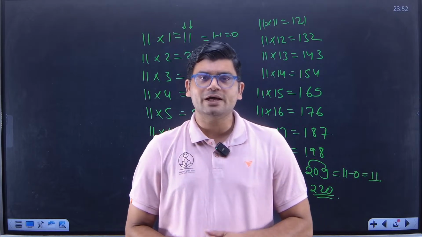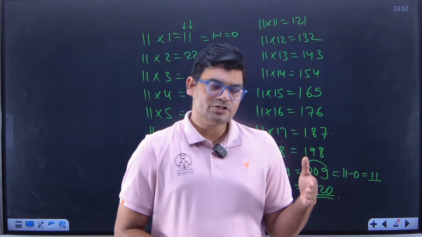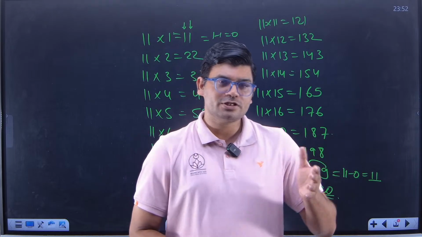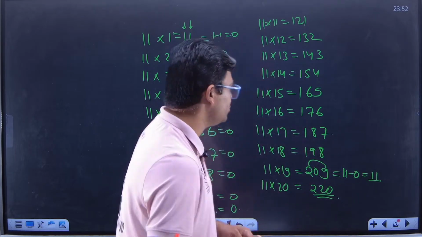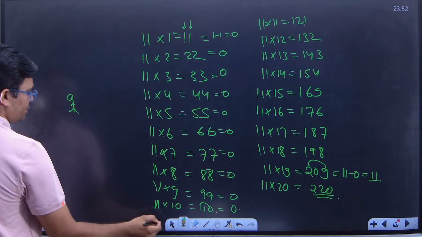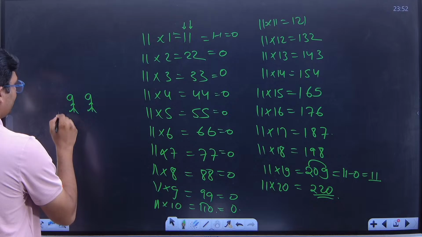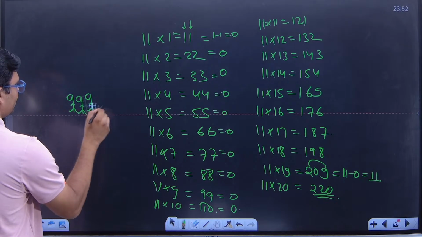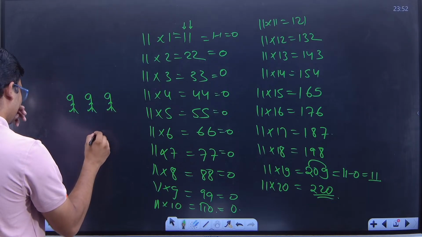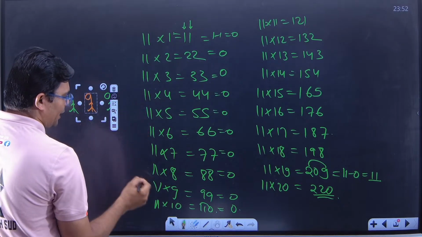Now what do you mean by alternate? If one digit is even, the other is odd, then even, odd, even. Those digits are known as alternate. Suppose you sit here and somebody is sitting beside you, and then there is one more person sitting beside this person. The middle person is adjacent to both.